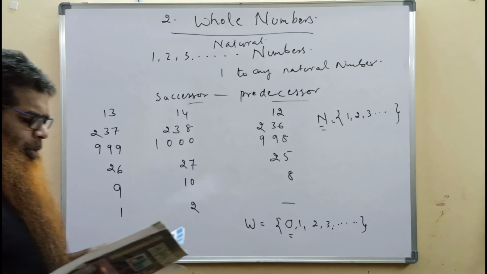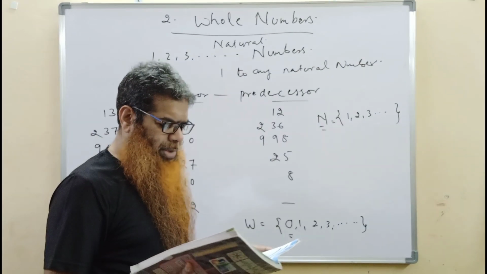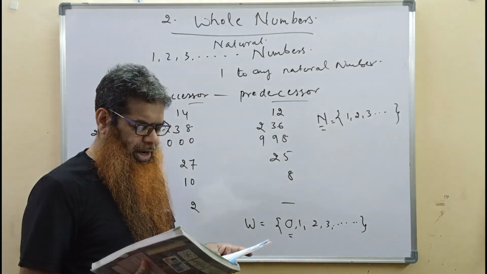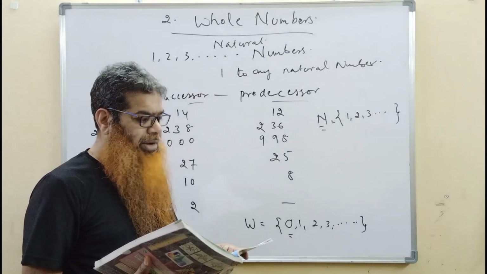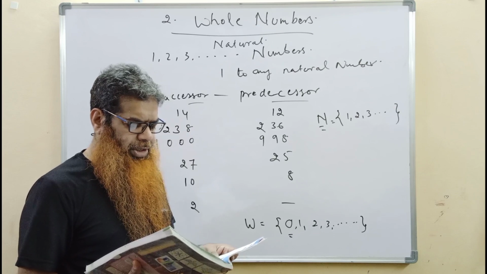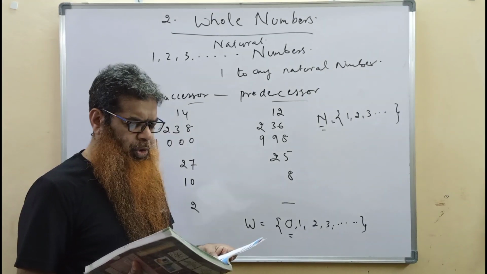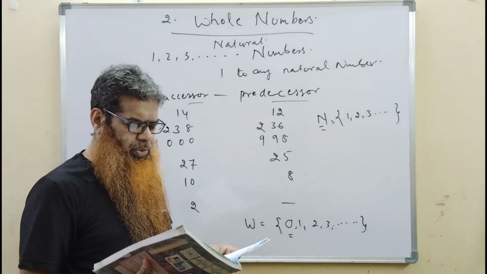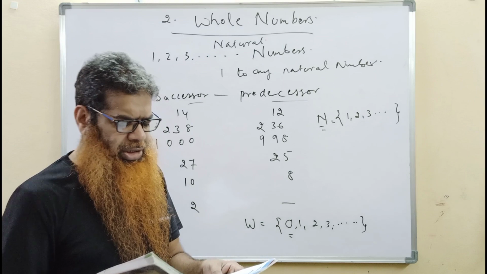Draw a line, mark a point on it, label it as 0, and mark as many points as you like on the line at equal distance to the right of 0. Label the points as 1, 2, 3, 4 respectively. The distance between any two consecutive points is unit distance. You can go to any whole number on the right.